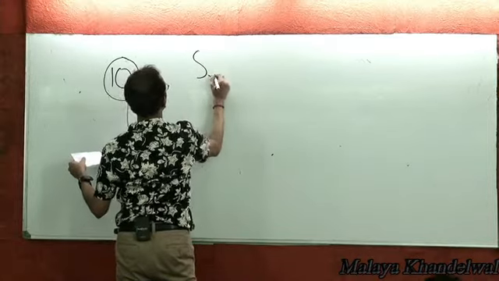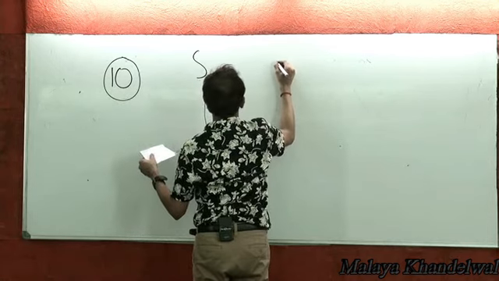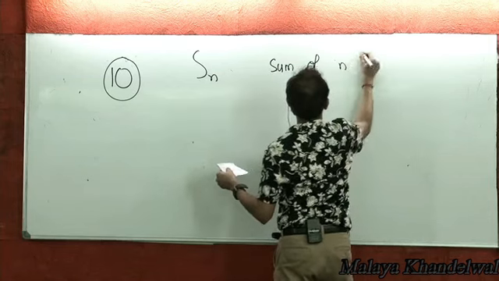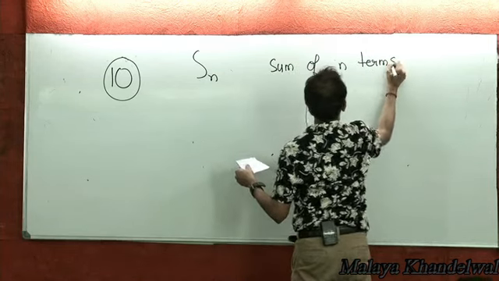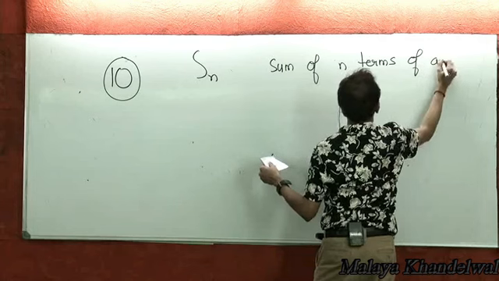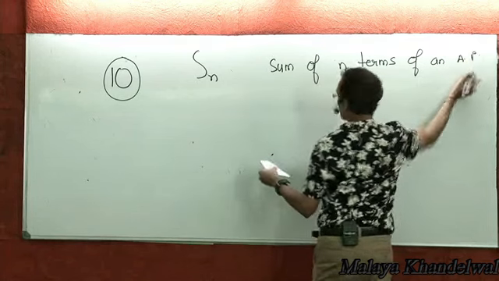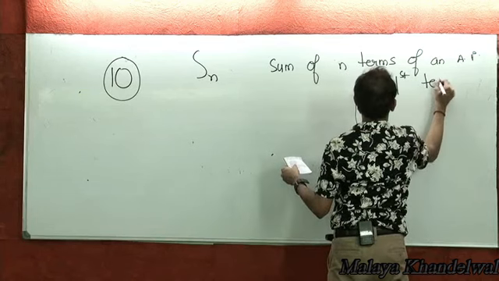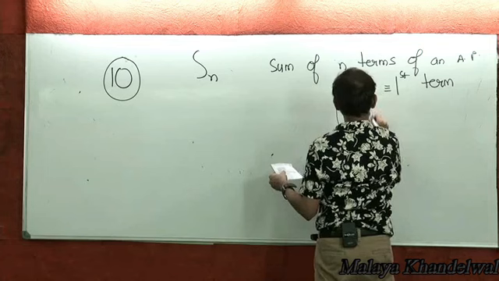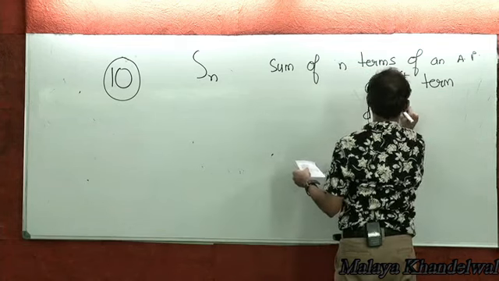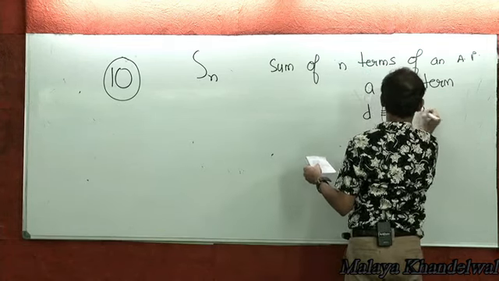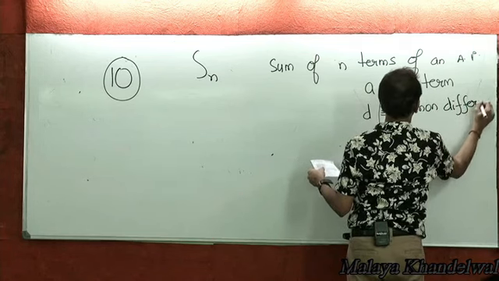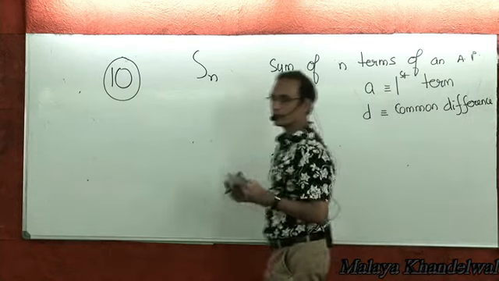Sn be sum of n terms of an AP. Say the first term of the AP is A, and the common difference of the AP be D. That's the common difference of the AP.